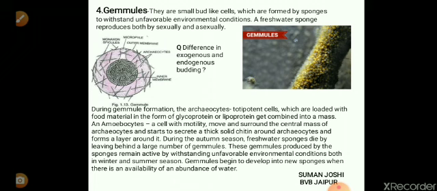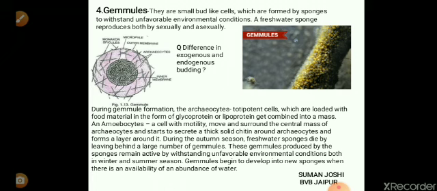So these archaeocytes present inside the sponge are loaded with food material. And another type of cells present here, the amoebocytes, form a thick solid layer made up of chitin around the organism.